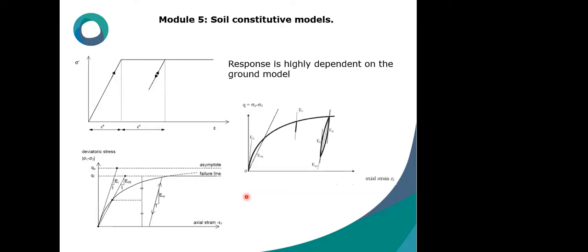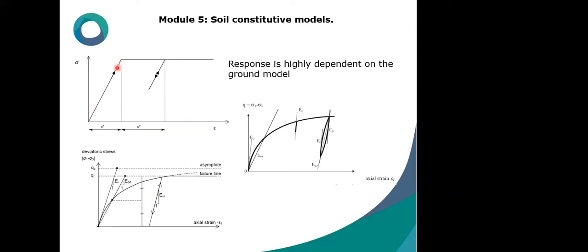Well, look here. There are three diagrams showing three kinds of stress-strain behavior of the soil models. This diagram is related to the MC model, or Mohr-Coulomb model. You can see the linear behavior until the specified strain here.